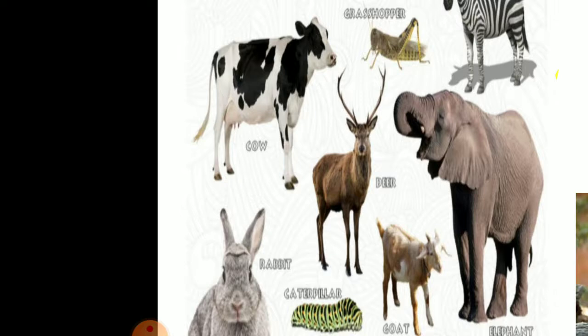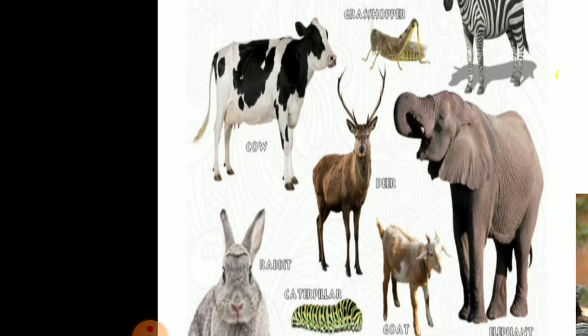Sorry, caterpillar depends on mulberry leaves, and that is why it's a herbivore.